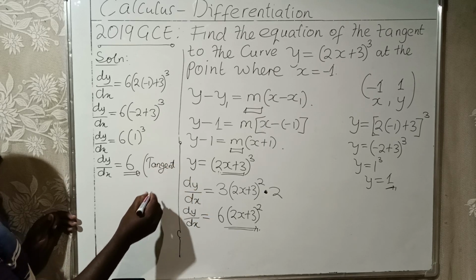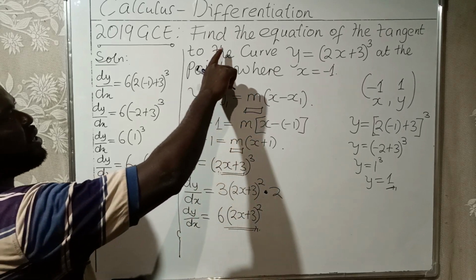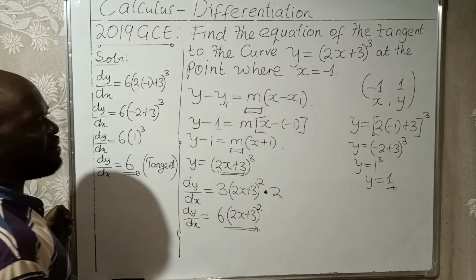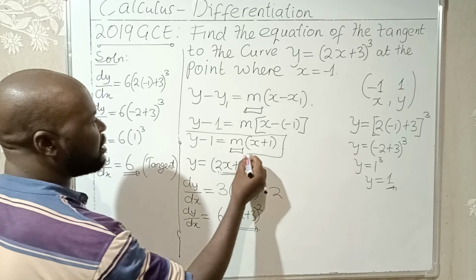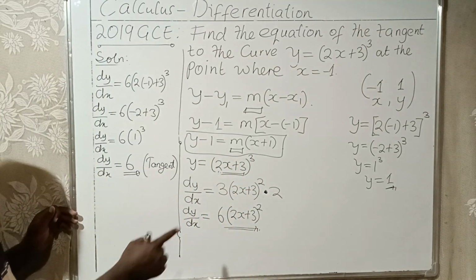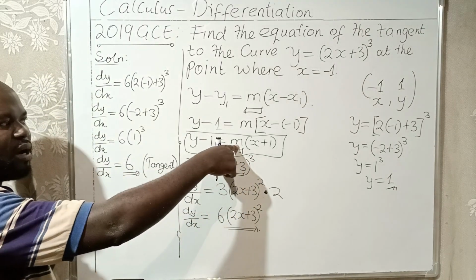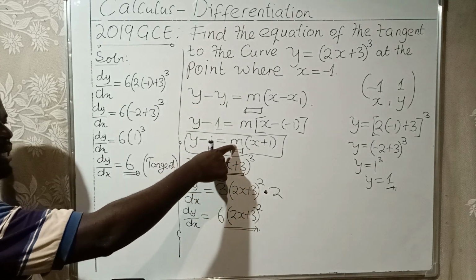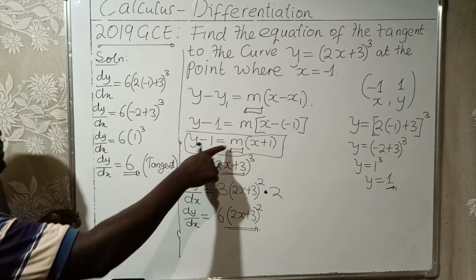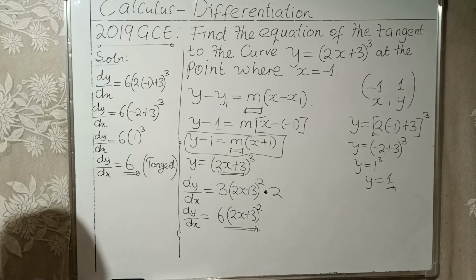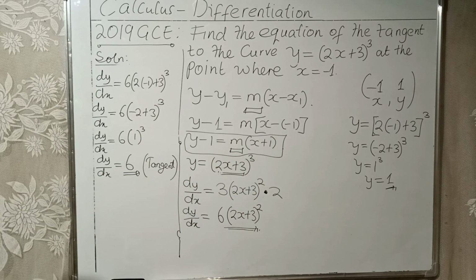The gradient of the tangent, and we are told to get the equation of the tangent to this curve, and we know that the equation of the tangent would look like this. What we are just remaining with is our m here, which is the gradient, and we know dy dx is the gradient, so where we have m, we are going to put our 6.